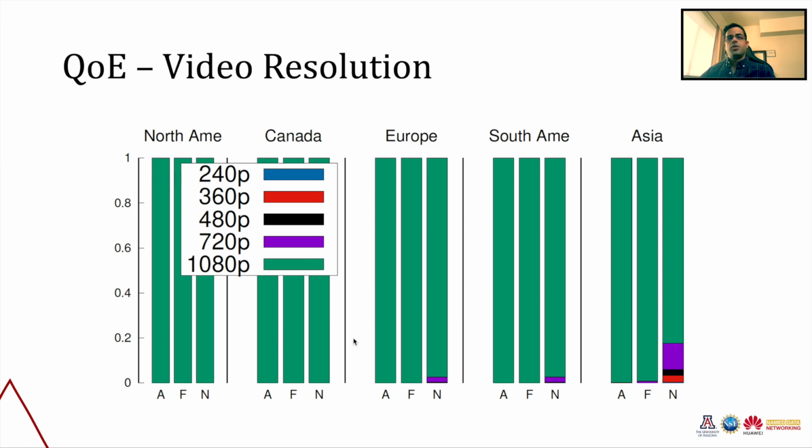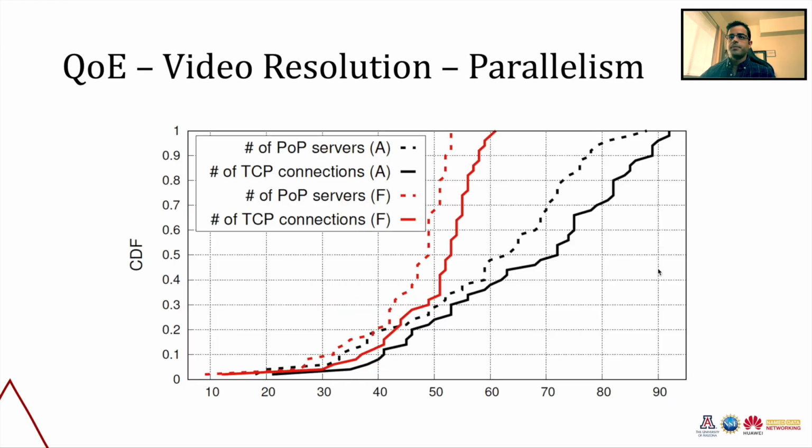But for NDN, increasing the geographical distance between the end users and the video server, which is located in Arizona, directly affects the video resolution that the end users experience. For example, there is a noticeable video resolution gap between the Canadian end users and Asian end users. And the question is why?